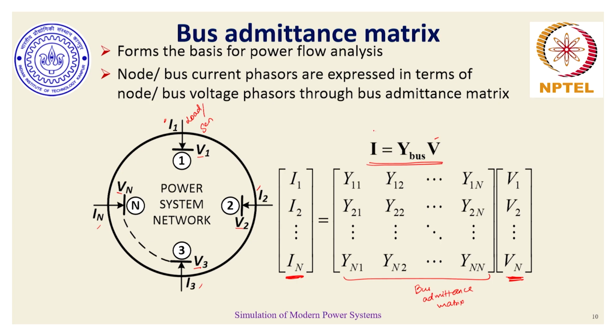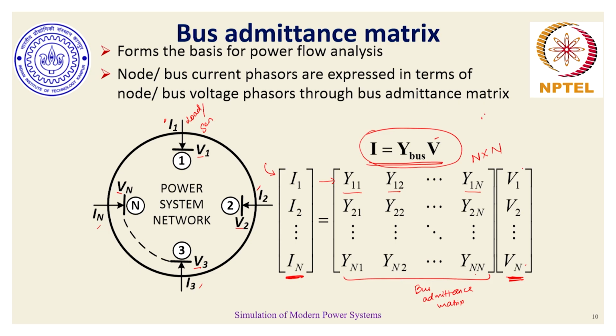For this equation to be mathematically consistent, the bus admittance matrix has to be an n cross n matrix, which would have elements starting from y11, y12, y1n all the way till ynn. So, the first row in the bus admittance matrix pertains to the equation of I1 in terms of V1 to Vn.